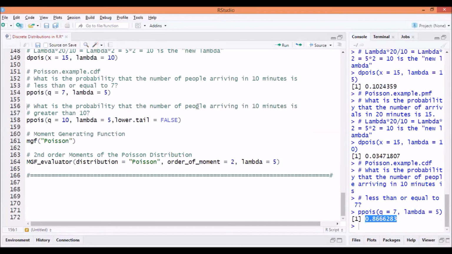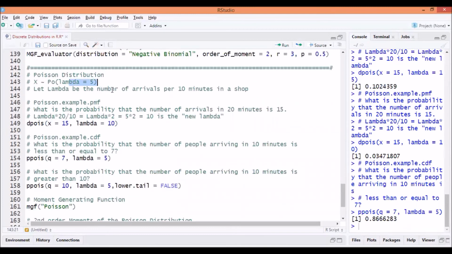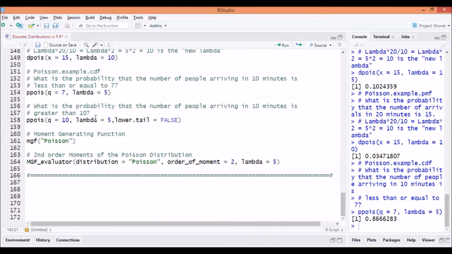What is the probability that the number of people arriving in 10 minutes is greater than 10? Well, we're going to use lower.tail equals FALSE, so we get the upper tail probability. We're in a 10-minute interval, so we don't need to adjust lambda, which is 5 per 10 minutes. And q is 10. We're interested in the probability that X is greater than 10, where X follows the Poisson distribution with rate parameter lambda equals 5.